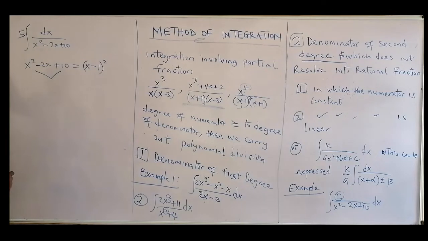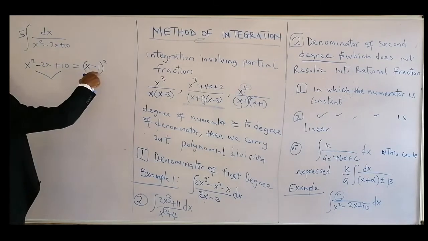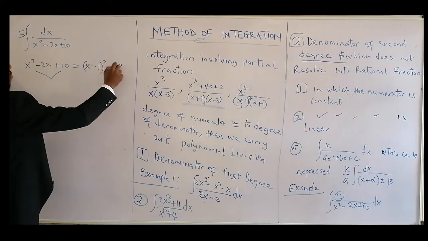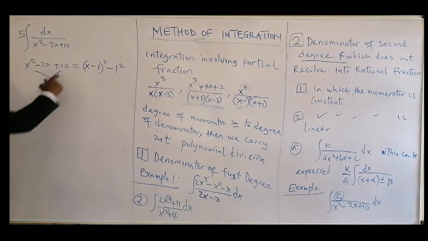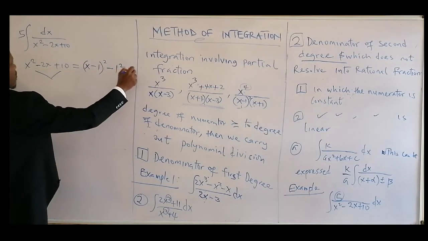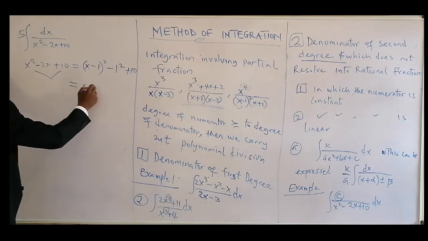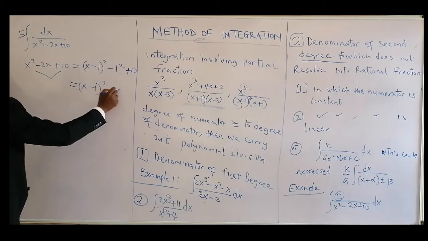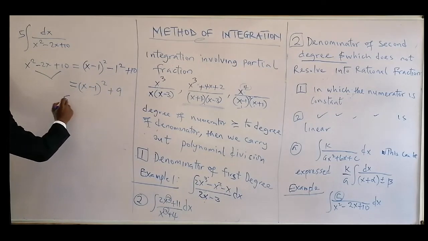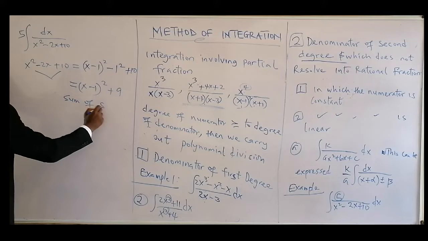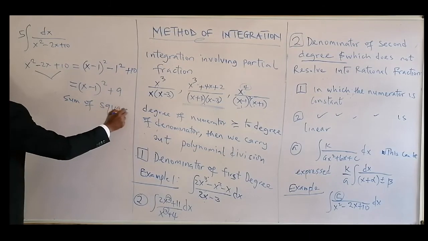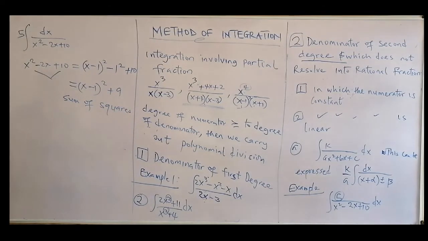Whatever you had here, take it out, then plus 10. So that's what we call (x − 1)², and that will be plus 9. So this is what we call the sum of squares.